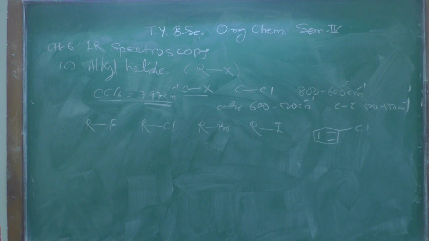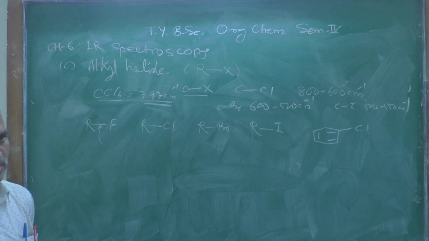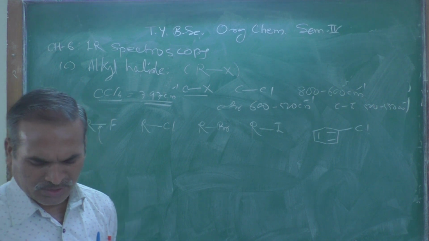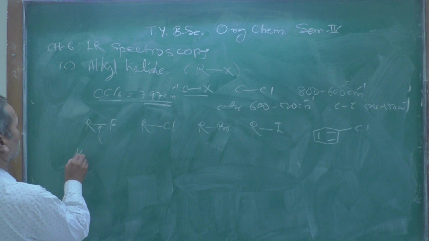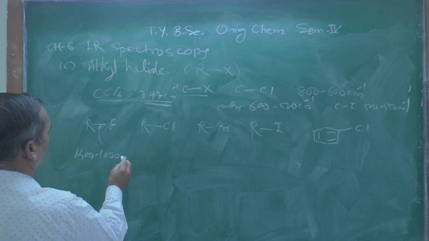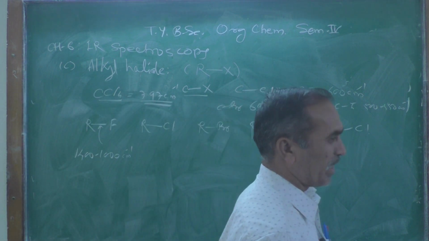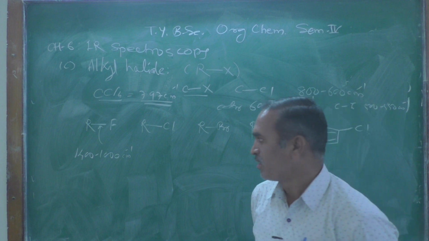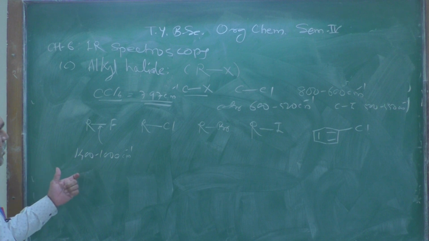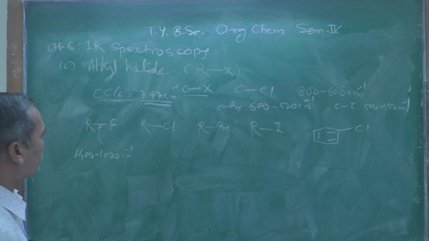When there is a C-F stretching vibration, the absorption peak appears around 1400 to 1000 per centimeter. So this is the characteristic of the presence of fluorine in the organic compound. 1400 to 1000 per centimeter clearly indicates that there may be fluorine present in the organic compound.